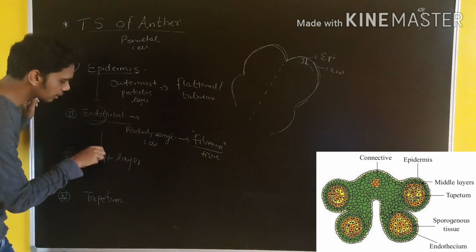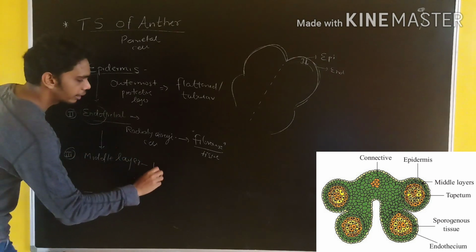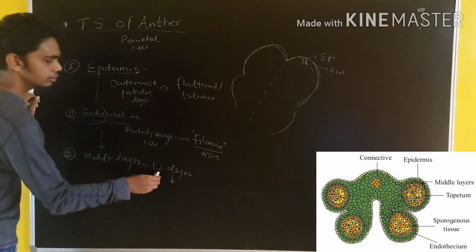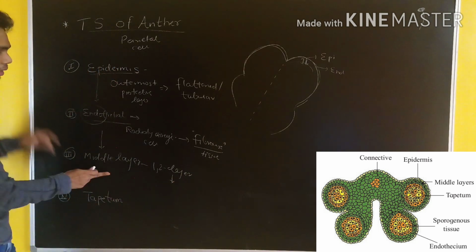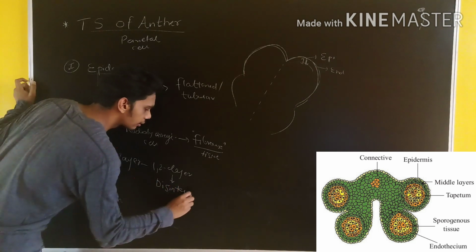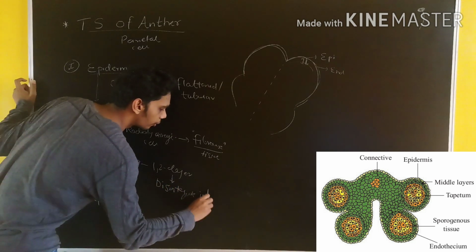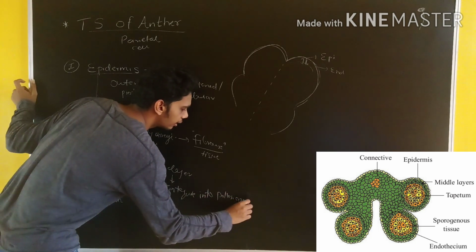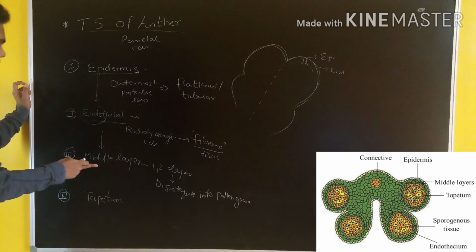After the endothelium, there is a middle layer, which is made up of 1-2 layers, and this middle layer actually disintegrates and helps in the release of your pollen grains.